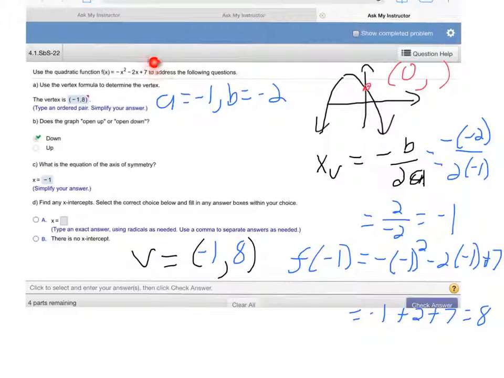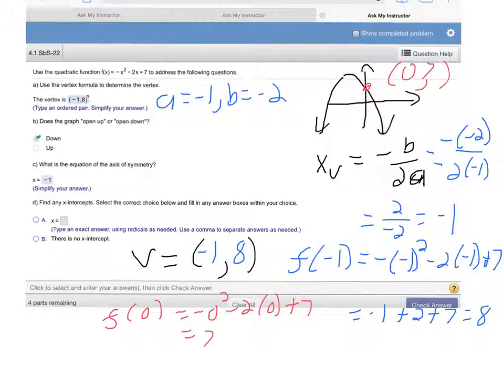Of course, then you end up with a constant because the x's drop out. f of 0 equals minus 0 squared minus 2 times 0 plus 7. Well, that's easy. The y-intercept is 7, so I'll cross the y-axis at 7.